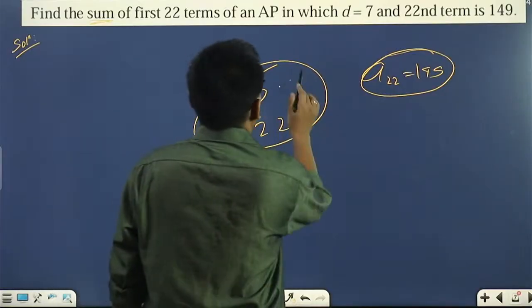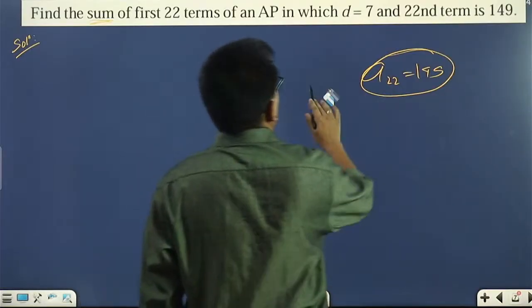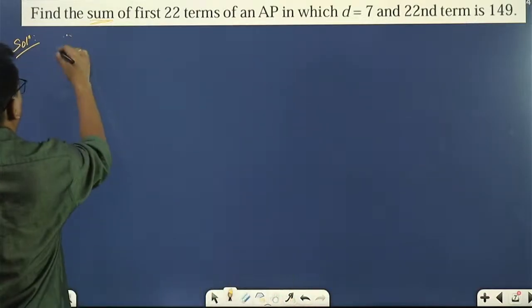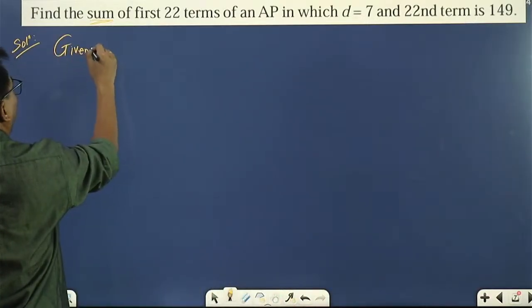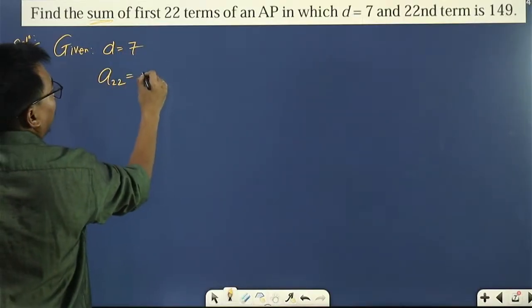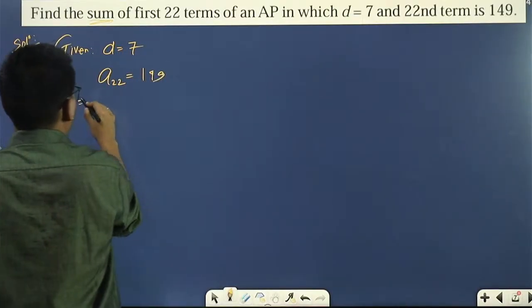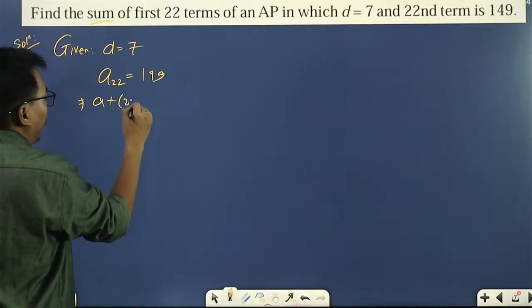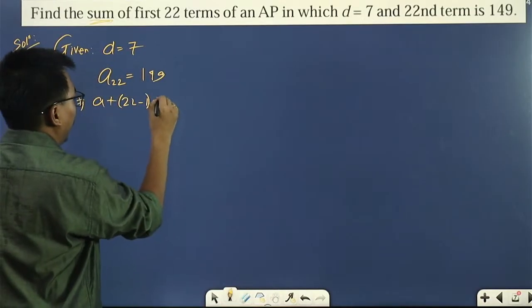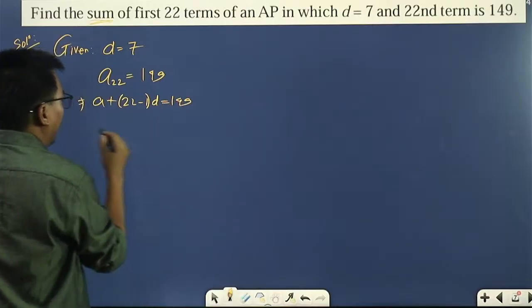What are we missing? a is missing. How do we find a? Using the 22nd term, obviously. Given d is equal to 7, 22nd term is given 149. So a22 will be a plus (22 minus 1)d, which is equal to 149.